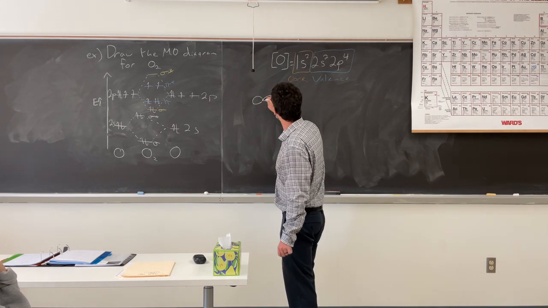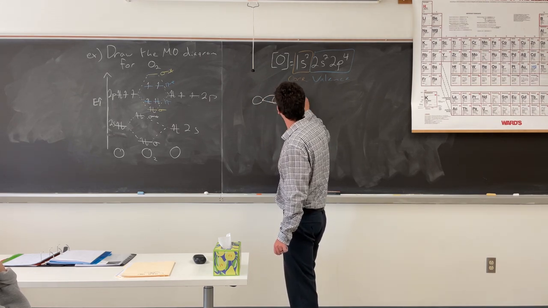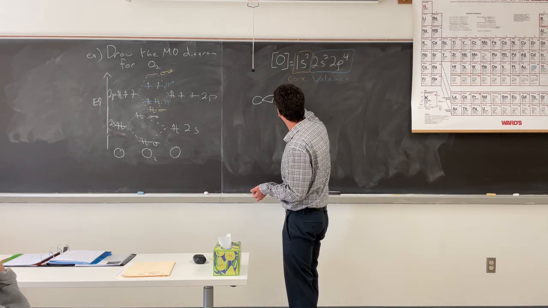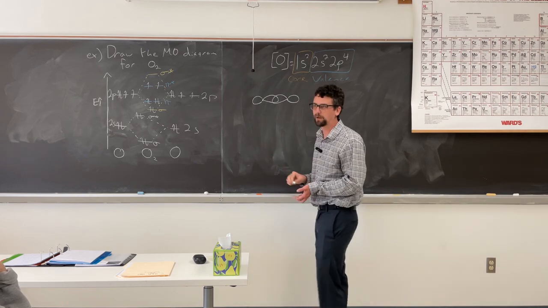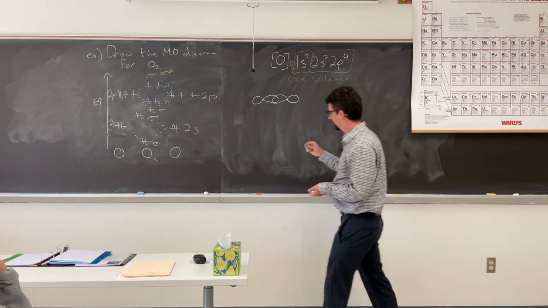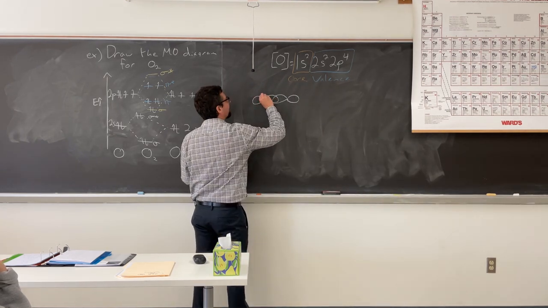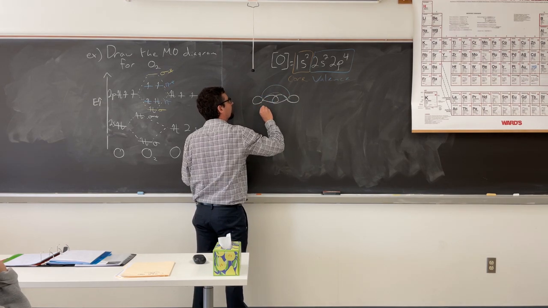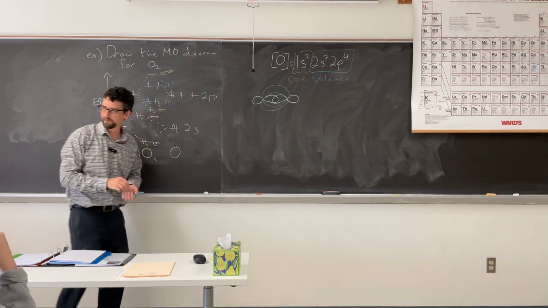Okay, can I have p orbital overlap this way? Oh, I actually got models. I'm going to go get my models. So we have overlap this way, right? We have overlap in the plane of the board, like that.